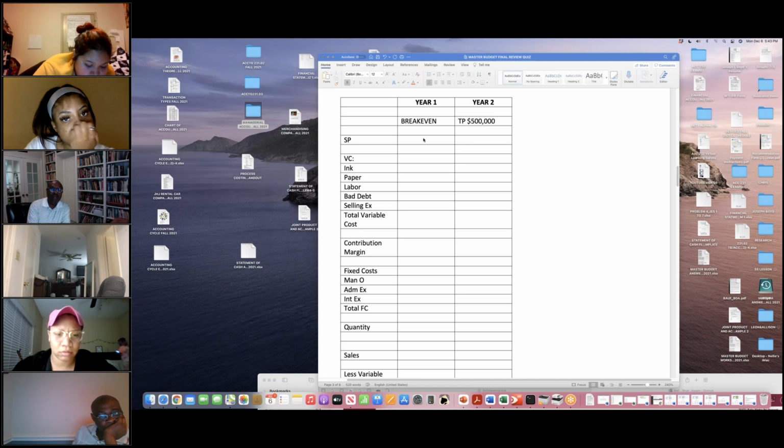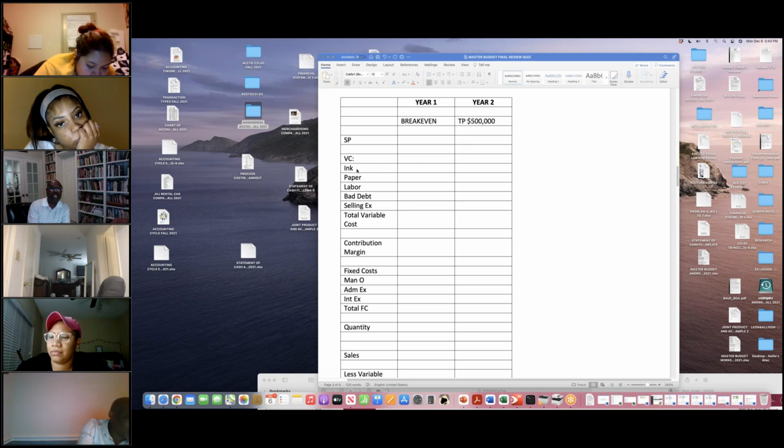Selling price is always on a per unit basis, and the variable costs are also per unit. In our problems, there are ink, paper, labor, bad debt, and selling expenses. You have to calculate the selling expenses on a per unit basis. You add them up to get the total variable cost, and you subtract it from the selling price to get the contribution margin.